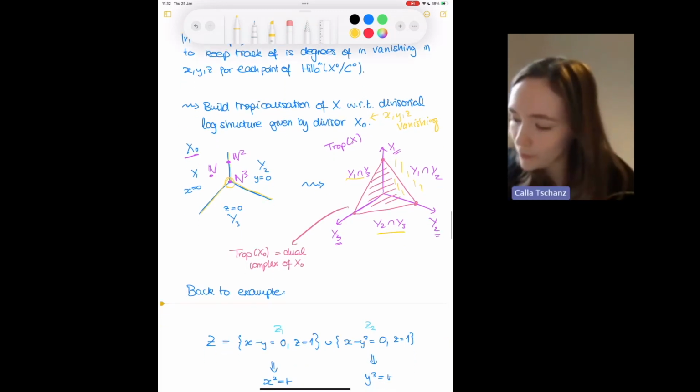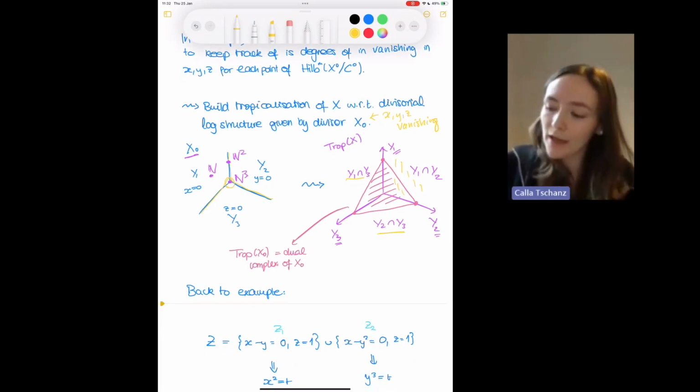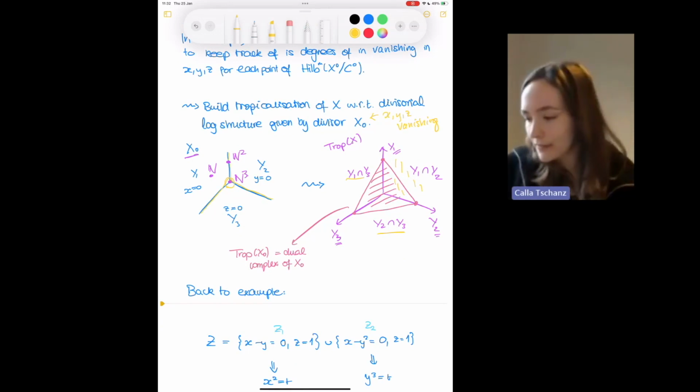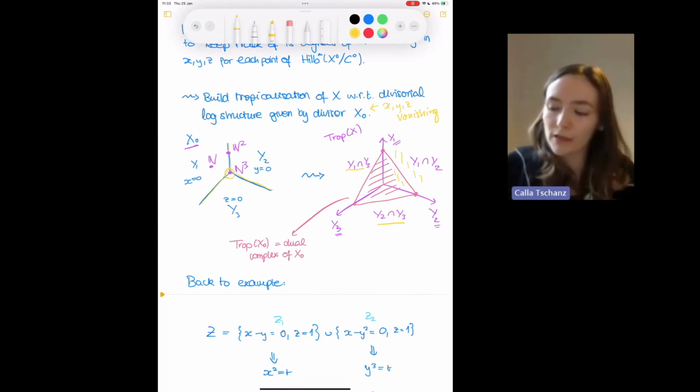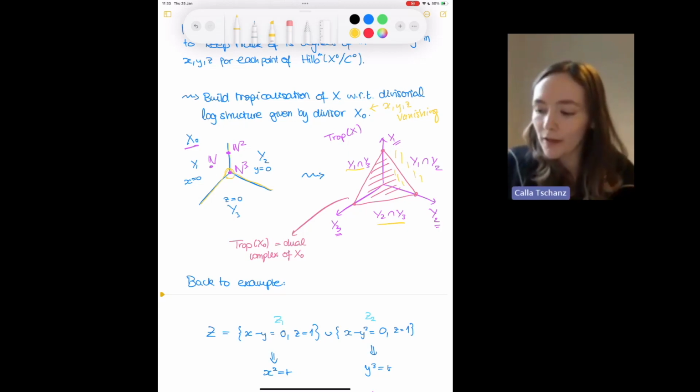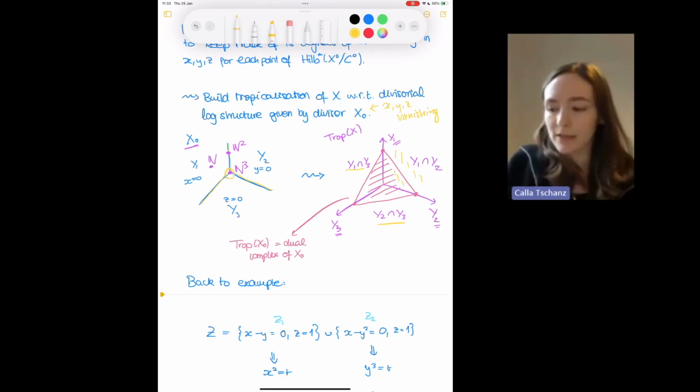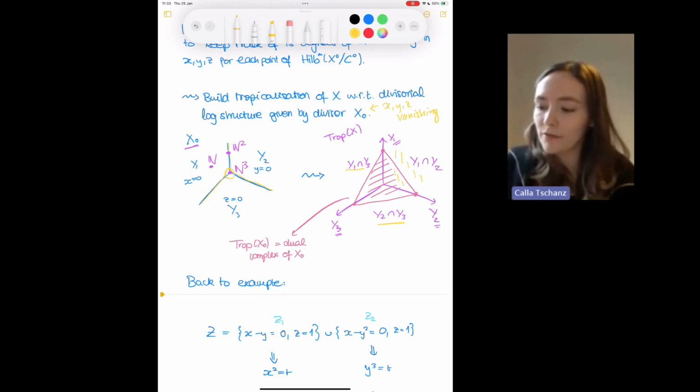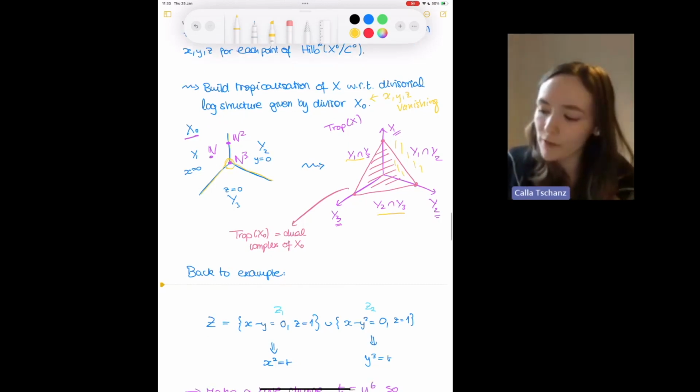So we fix the height, and while we're working on this stuff, we'll allow ourselves to change the height of this triangle within the cone if we need to. Geometrically, this is basically just making some base change on our family. So if we need to make a base change on our family, we will modify the height of this triangle.